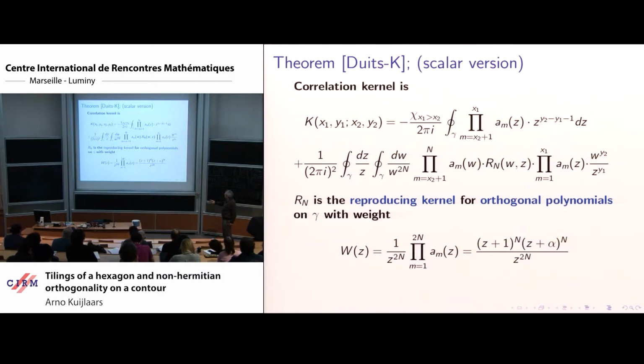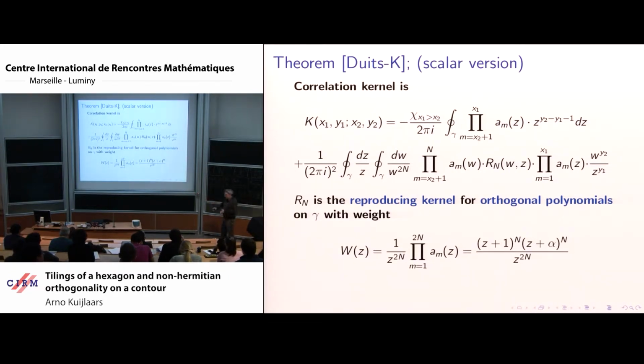Then you have a product of these symbols. Here, the x-coordinate is the horizontal coordinate, so you take a product of the symbols going from basically x2 up to capital N. Capital N should be maybe 2n here, sorry about that. It should be 2n because we go from 0 to 2n. Of all these symbols.